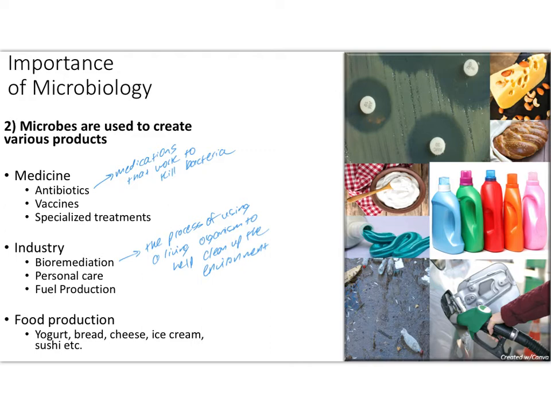But we can use microbes to create what we call biodiesel. That is essentially chemically identical to petrodiesel, and is not nearly as damaging to the environment. So that's just another example of one of the ways we can use microbes in industrial processes.